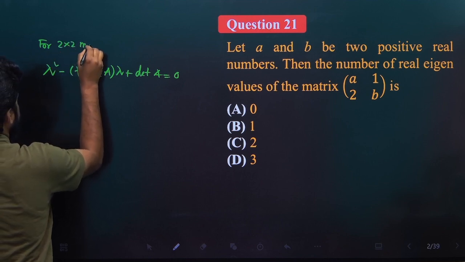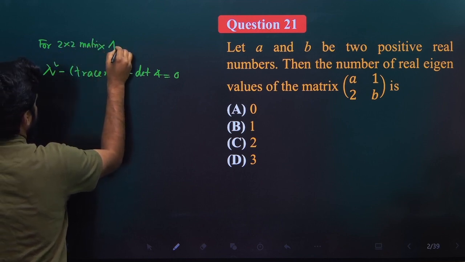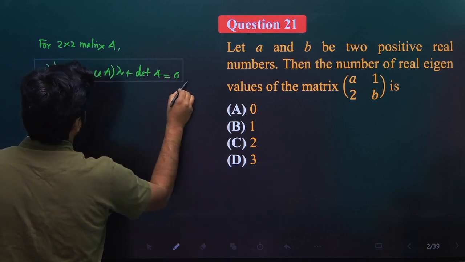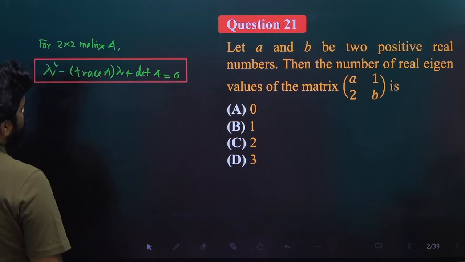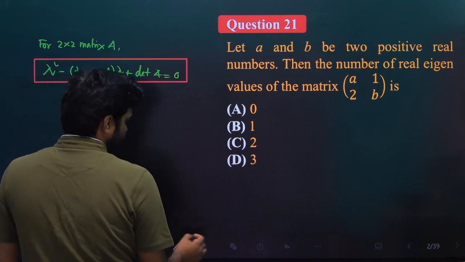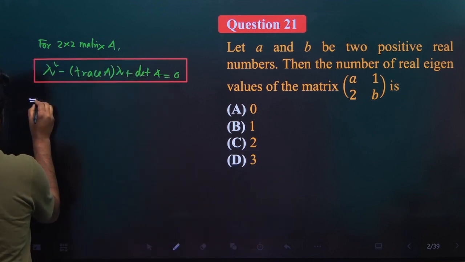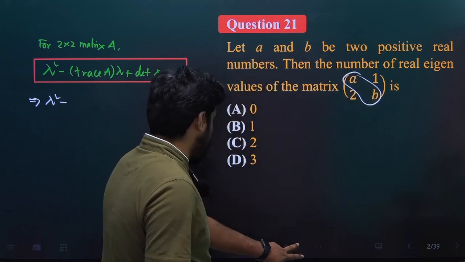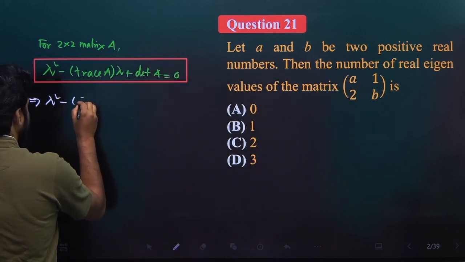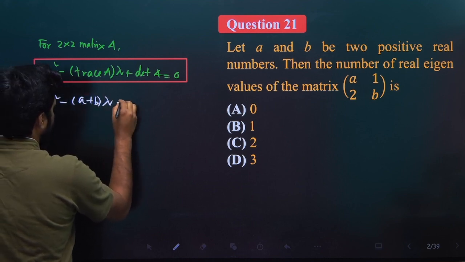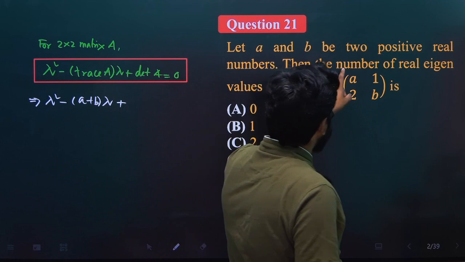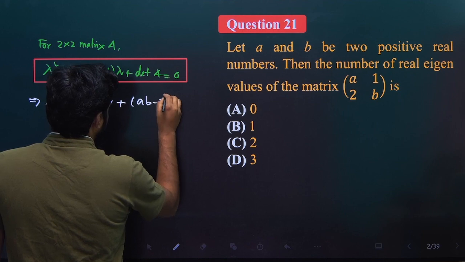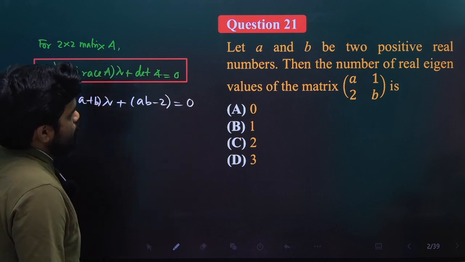Lambda square minus trace A into lambda plus determinant A is equal to 0. So this implies lambda square minus trace, which means the sum of the diagonal elements, that is a plus b. So lambda square minus (a plus b) into lambda plus determinant A, so that is ab minus 2, is equal to 0, right?